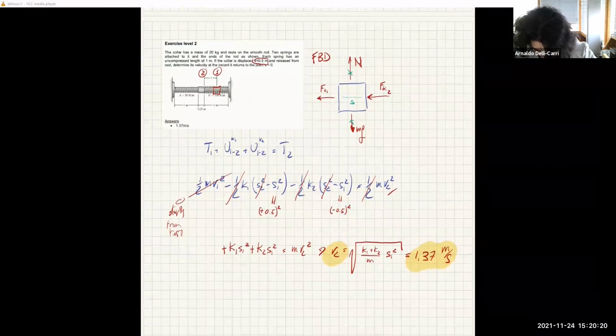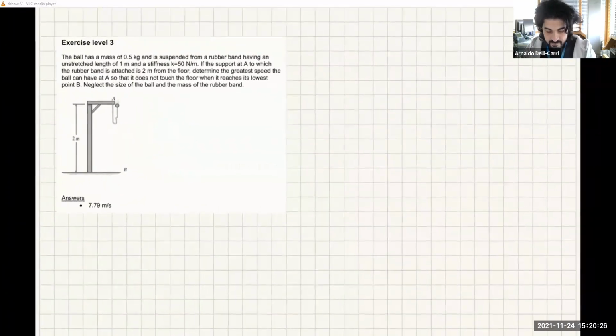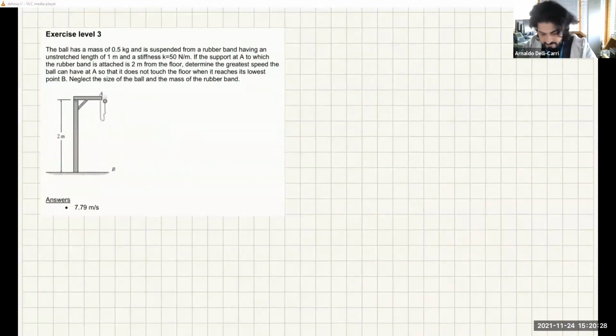Okay, now let's do exercise level 3. For level 3, we have this ball with a mass of ½ kilo, suspended from a rubber band with a stretched length of 1 meter and a stiffness of 50 newtons per meter.